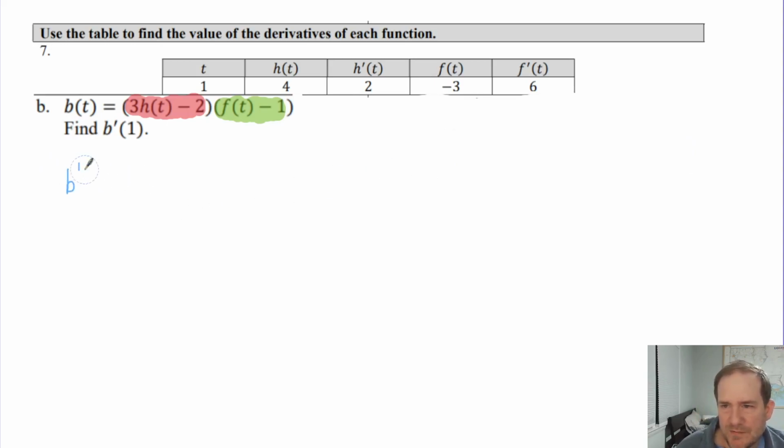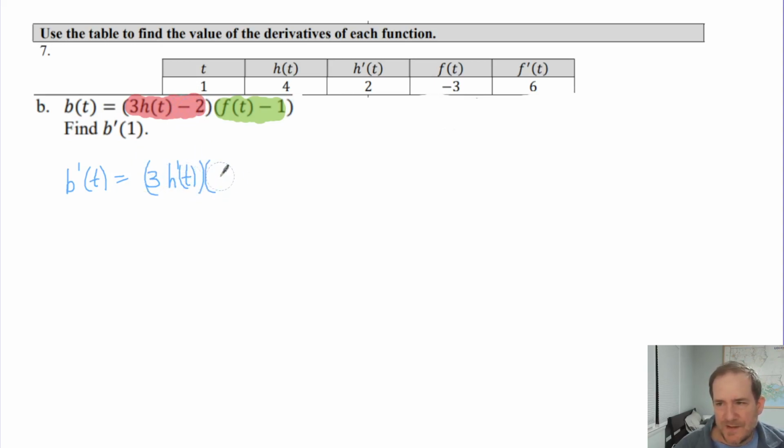So to get to b prime of t, we're going to do this guy's derivative. The derivative of the 3h of t, you'd pop out the 3, differentiate h, getting h prime, then multiply by 3 again. So essentially when I'm differentiating, you're just bringing along your constant multiple. The function turns into h prime, but the derivative of this -2 of course makes 0, so that's gone.